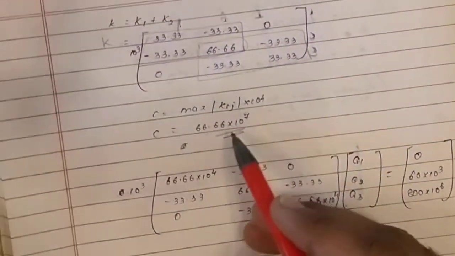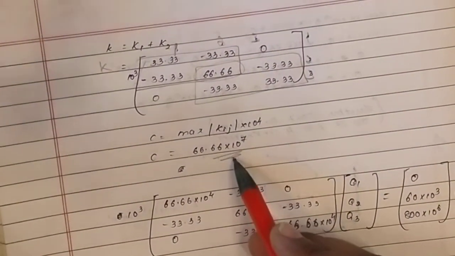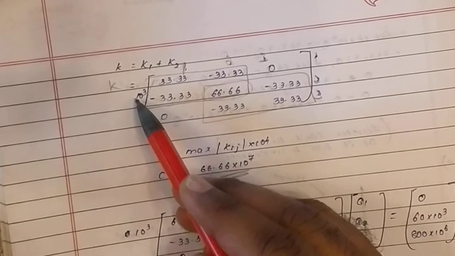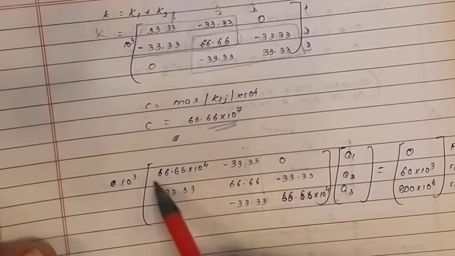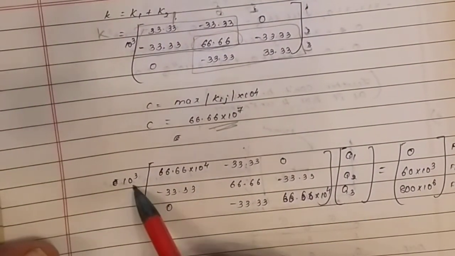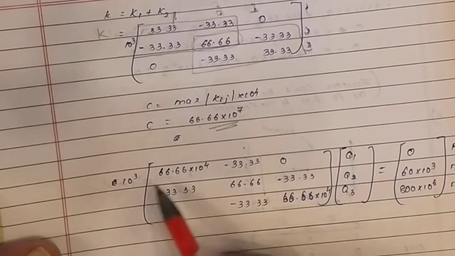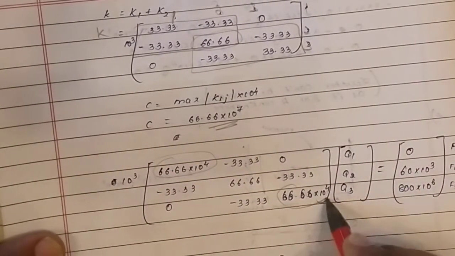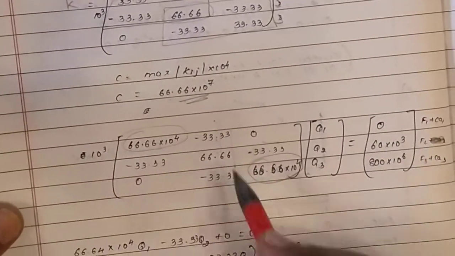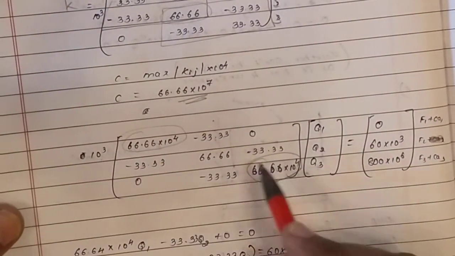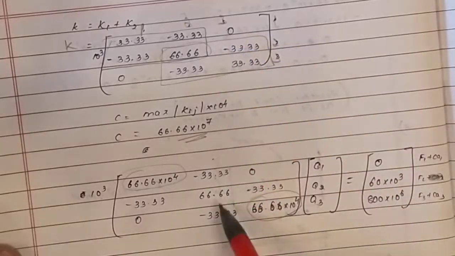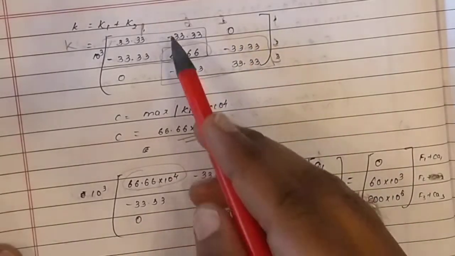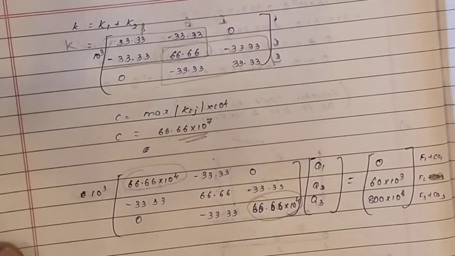So add C value, the 66.66 into 10 power 7 plus 33.33 into 10 power 3 will get 66.66 into 10 power 4, and 10 power 3 as common as it is. So add C value to this principal diagonal element of this and this value, that is first and the third node is fixed. Rest all the values of K remains same.